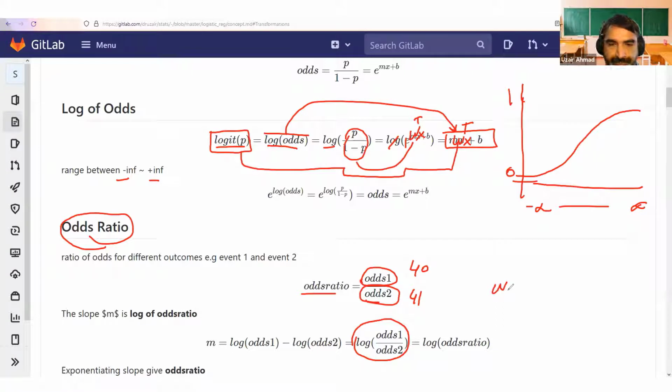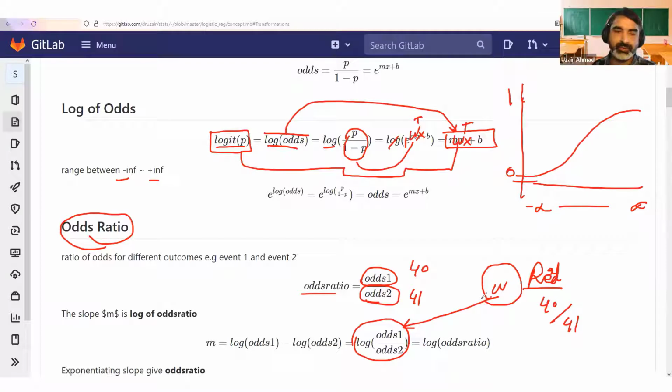So the coefficient for reading score is going to give us the odds ratio. If we have a score of 40 or 41, how much better are our odds? What is the ratio of our odds? Is it improving or decreasing by changing the variable values? It will be explained by how much it is changing, as much as the coefficient of that variable.